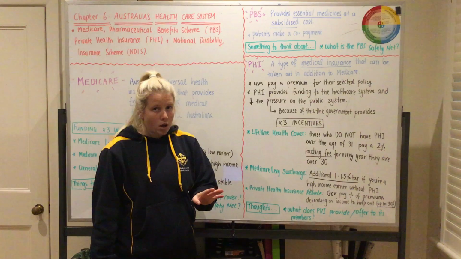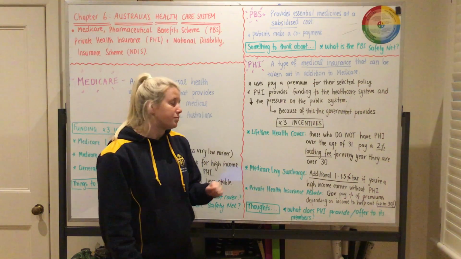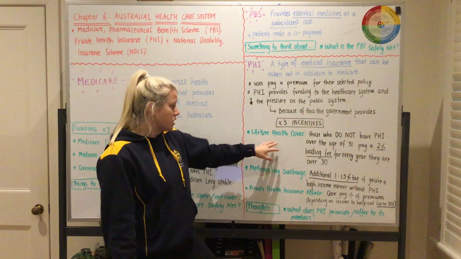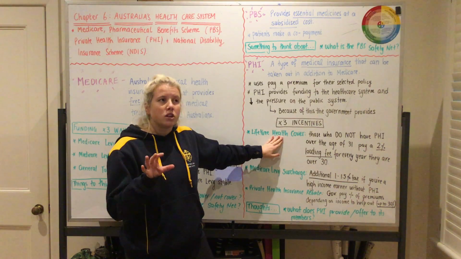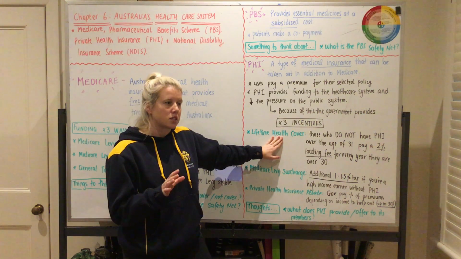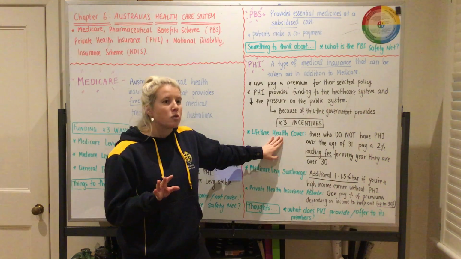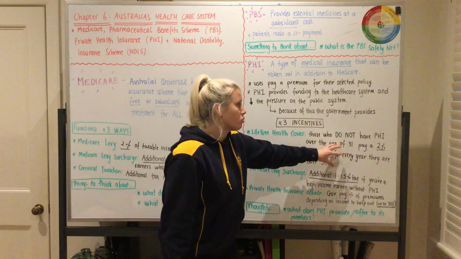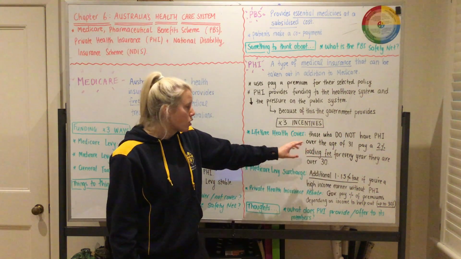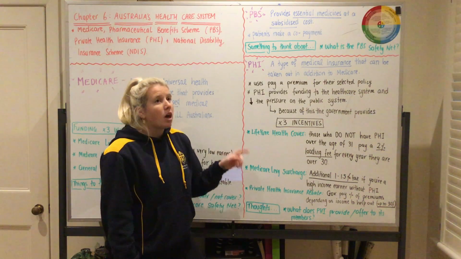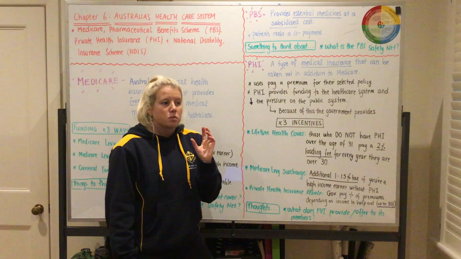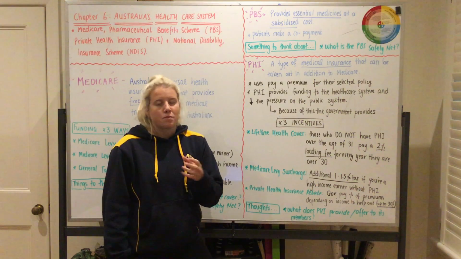So number 1 is lifetime health cover. And look, I will stress this, if you're not confident in describing this in an assessment or a SAC, don't go there. People tend to get really mixed up, and I'll show you why. Lifetime health cover is pretty much an additional fee.